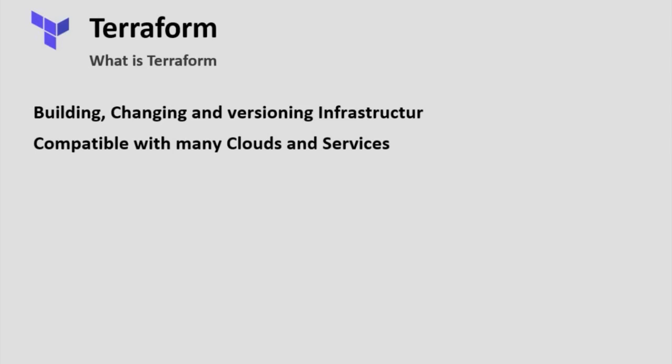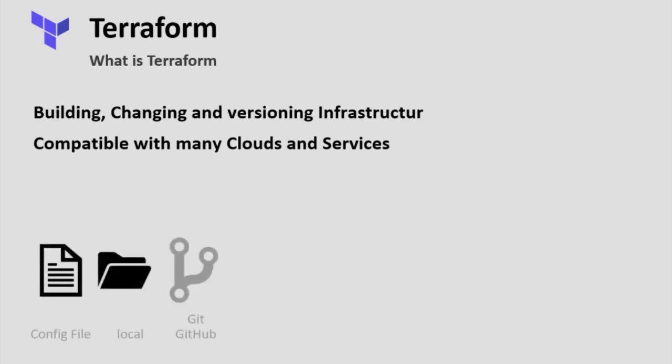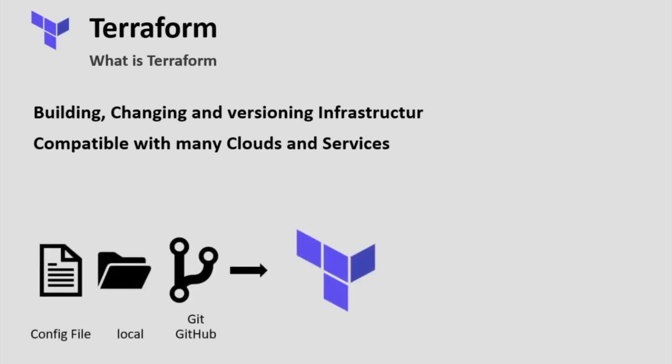The good thing is that we write the configuration file once. We have one configuration file, we save it on the local computer, or there are also other ways. For versioning, we use Git or GitHub. There's also another feature offered through Terraform, which is Terraform Cloud.